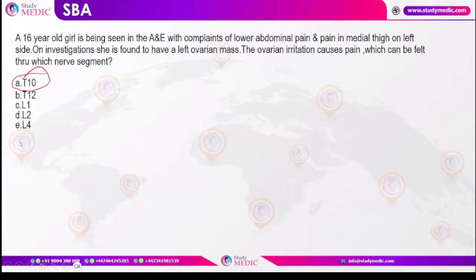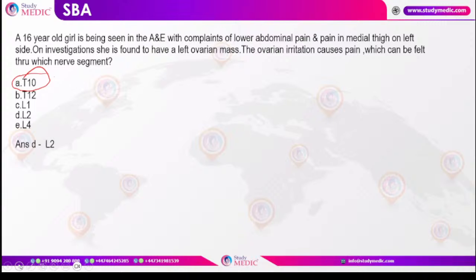Okay. Now remember that the nervous supply of the peritoneum that covers the ovary comes from L2. L2 also is one of the nerve roots of the obturator nerve. Okay, obturator nerve, the nerve roots are L2 to L4.